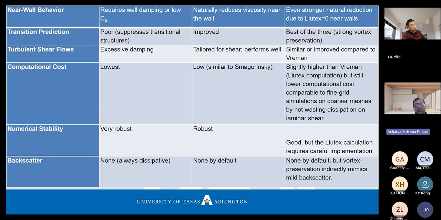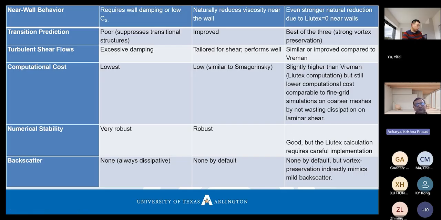Computational cost: Smagorinsky, lowest. Vreman, low, similar to Smagorinsky. Modified, slightly higher than Vreman, but still low, comparable to fine grid simulations on coarser meshes by not wasting dissipation on laminar shear.